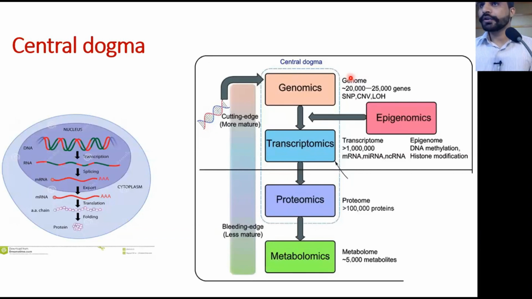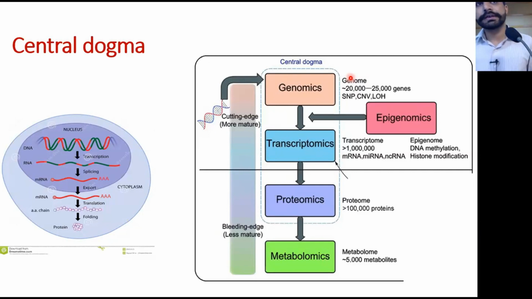There is a newer concept, the central dogma of genomics. All the DNA information of a cell is known as genomics, and not all the DNA, but around 5% of the DNA is transcribed to RNA, which is known as transcriptomics. All the RNA in a cell is known as transcriptomics.